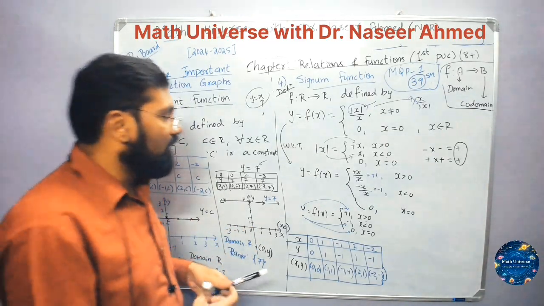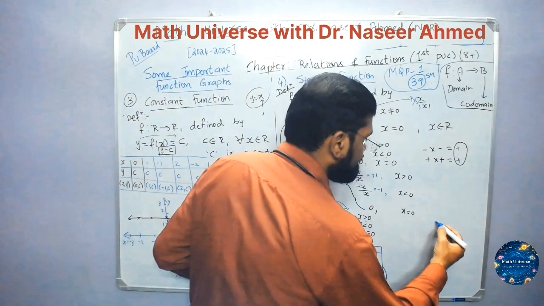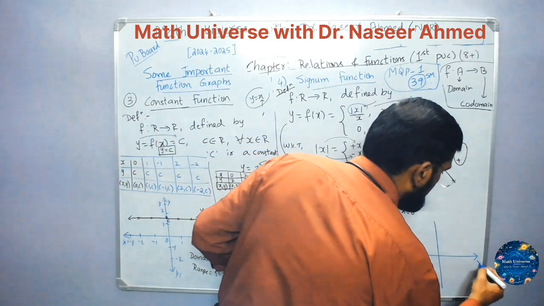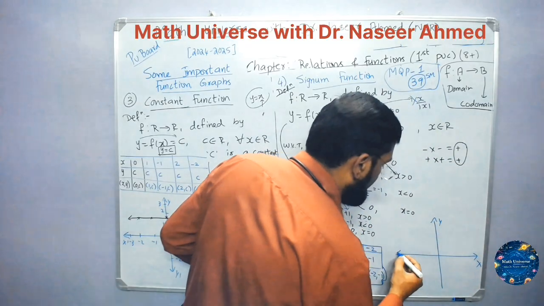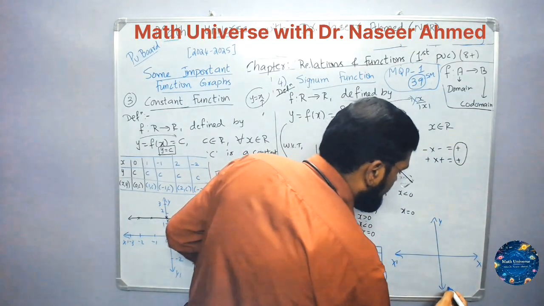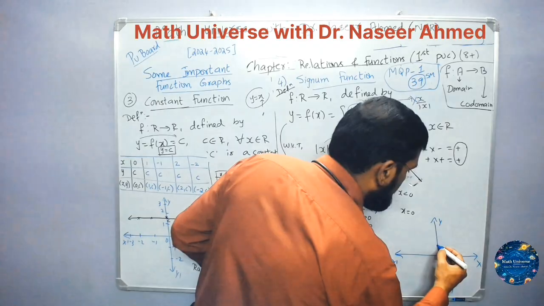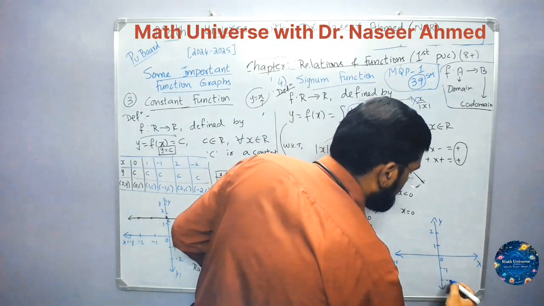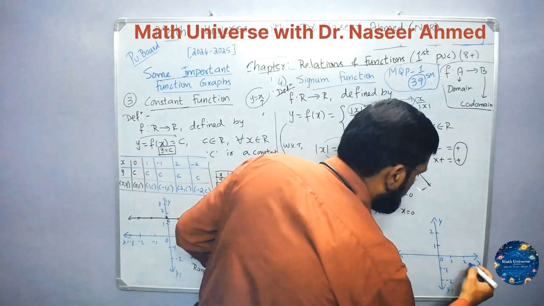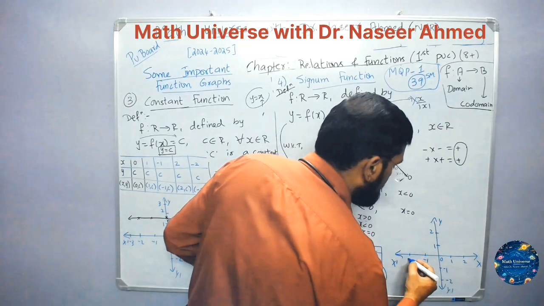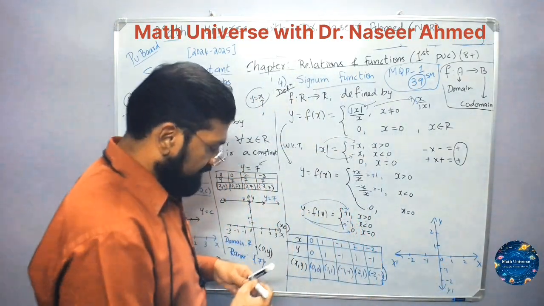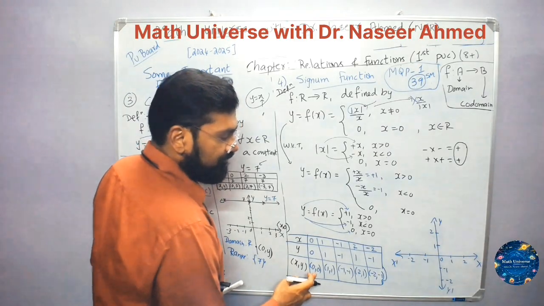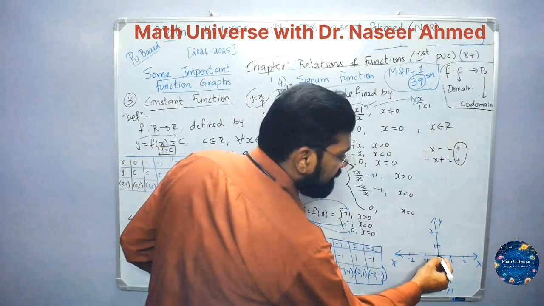Now let us go for the plot. See carefully the plot. Pay attention, listen carefully. When x is equal to 0, y is also 0, nothing but the origin here.